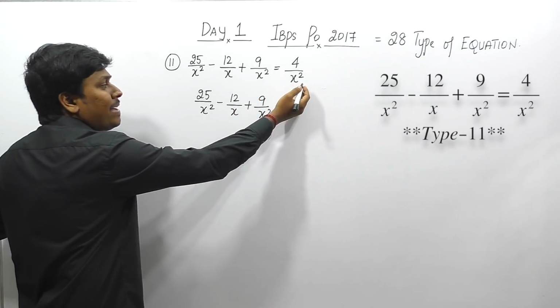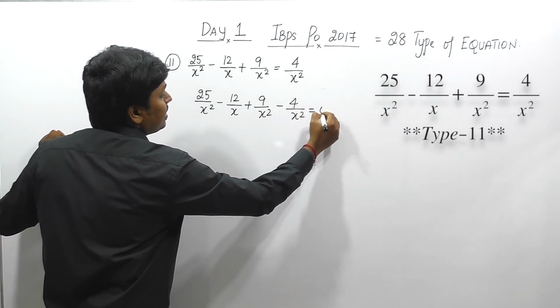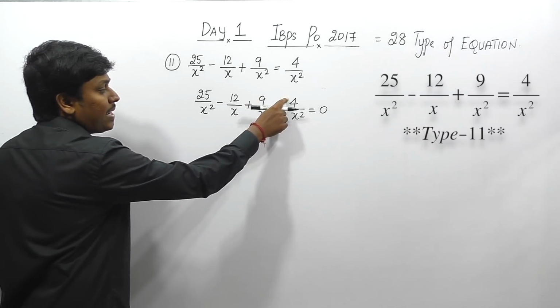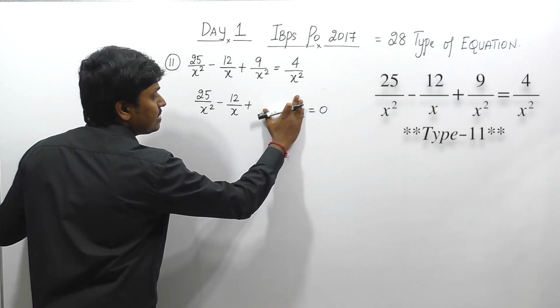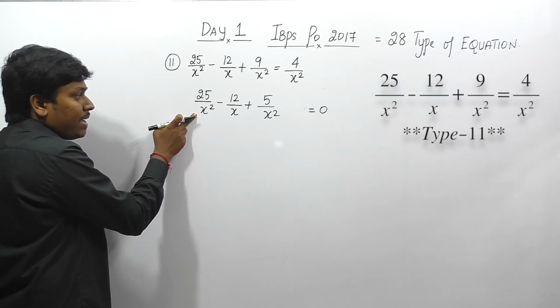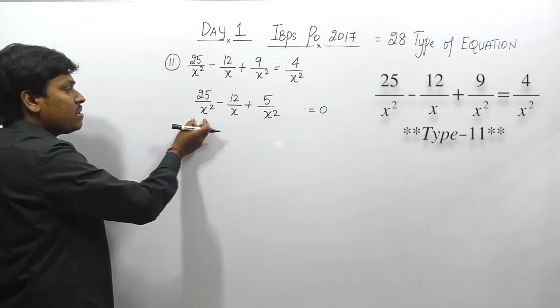When you bring this 4 by x square towards the left hand side, it becomes minus 4 divided by x square is equal to 0. Plus 9 by x square minus 4 by x square becomes 5 by x square. So finally this can be written as 5 divided by x square, and here it is 25 by x square, here it is 5 by x square, because both the denominators are the same, so we can add both the numbers.